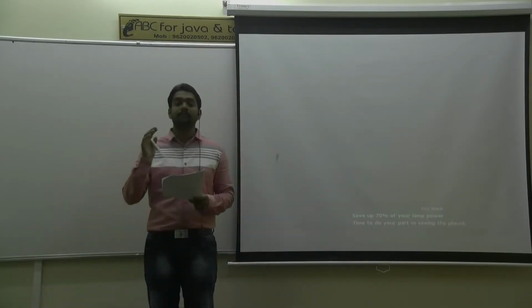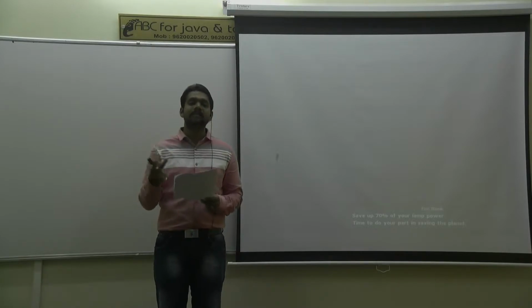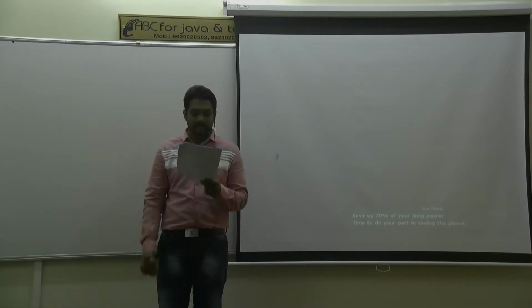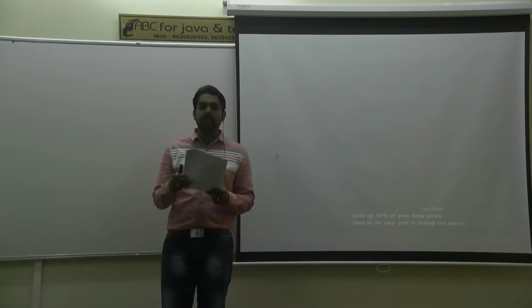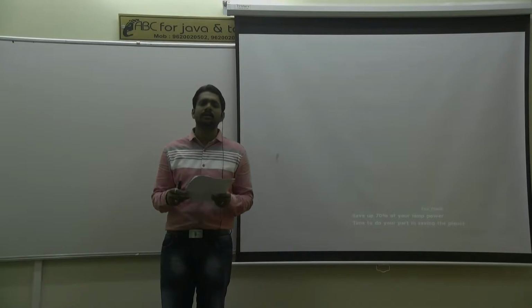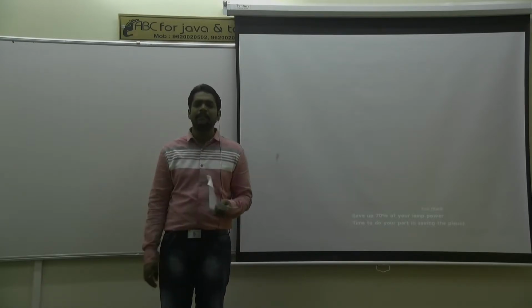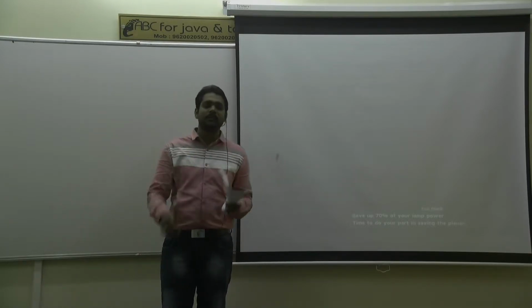I hope it is completely clear how to create a user, grant a privilege, and revoke a privilege. Anyway, next one. Write a query to assign DBA privilege to user ABC student. Okay, sir, how to assign DBA? Can DBA be assigned? Of course.